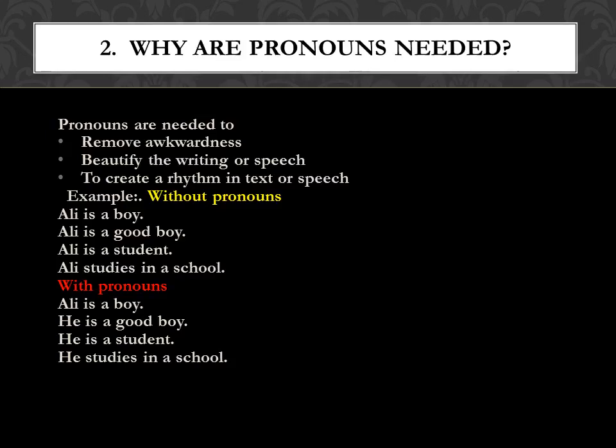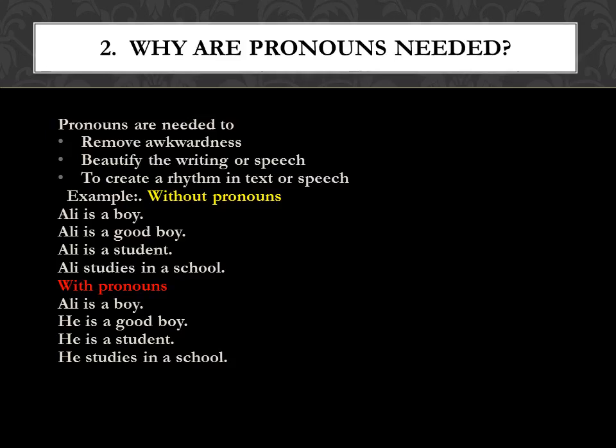They also create rhythm in text or speech. When we use nouns again and again, the people who will be attending to us, or listening to us, or reading our written works, will get bored of it and get sick of it, and that's why pronouns are needed.